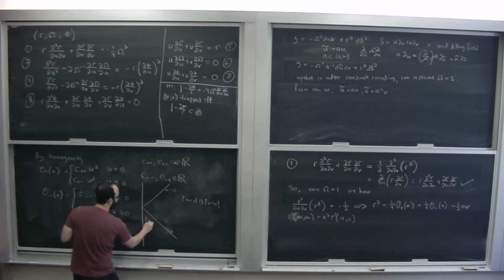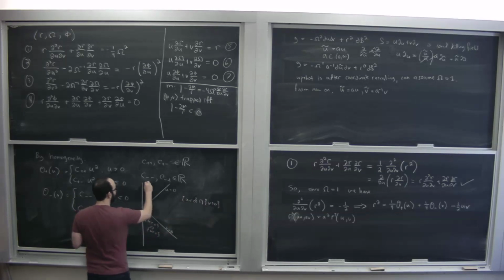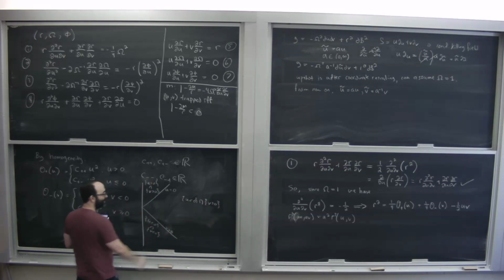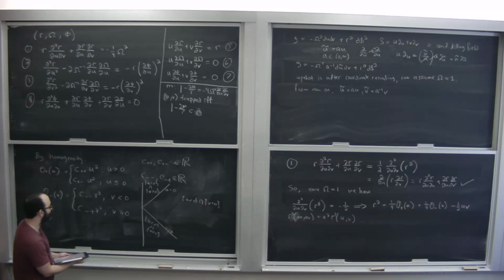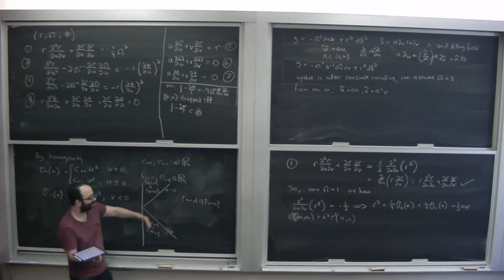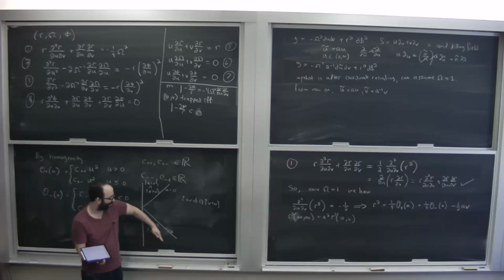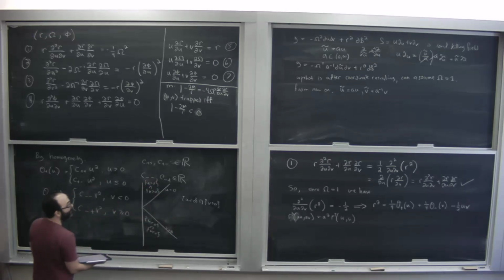Here's u less than 0 intersect v less than 0. Here's u greater than 0 intersect v greater than 0. So this solution allows a jump in the second derivatives of our r squared as we go here, and then another jump in the second derivatives as we go here. Great.